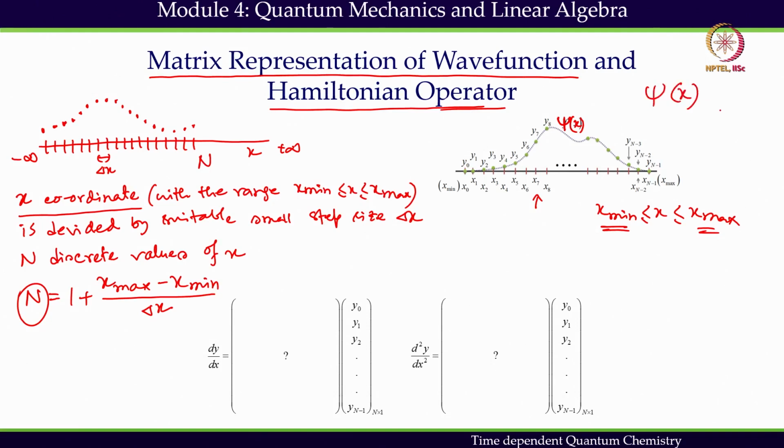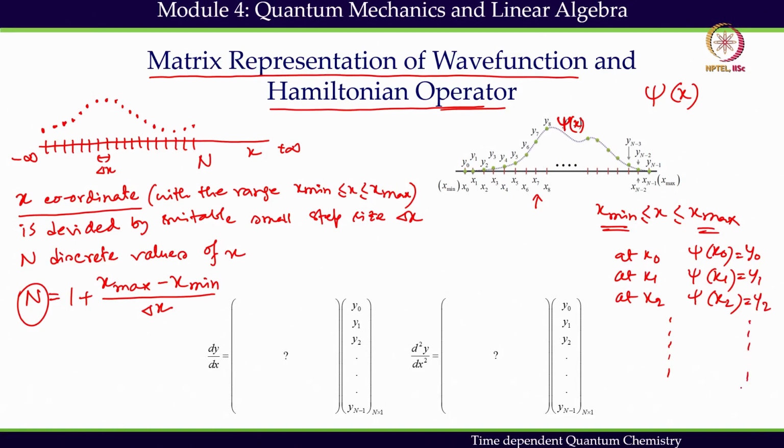So what I will get is, at x naught, psi x naught value, at x1 psi x1 value, at x2 psi x2 value, and so on. And within this grid representation, these values I can call y naught, y1, y2, like this.